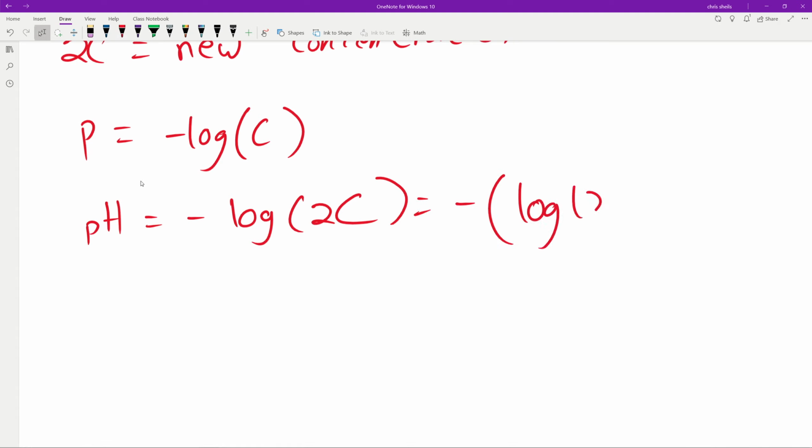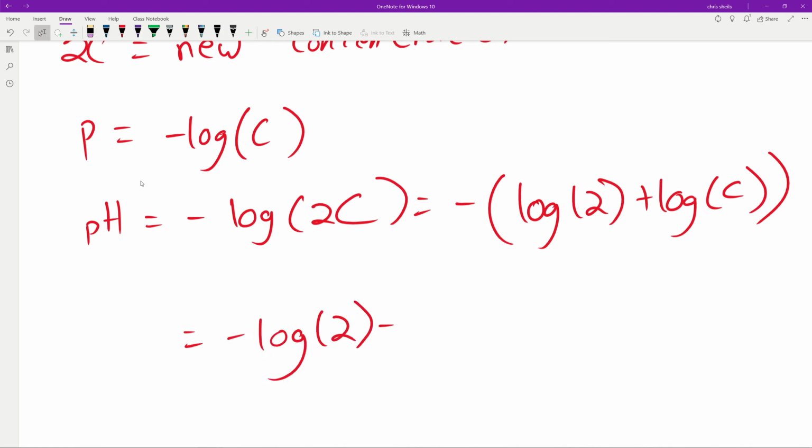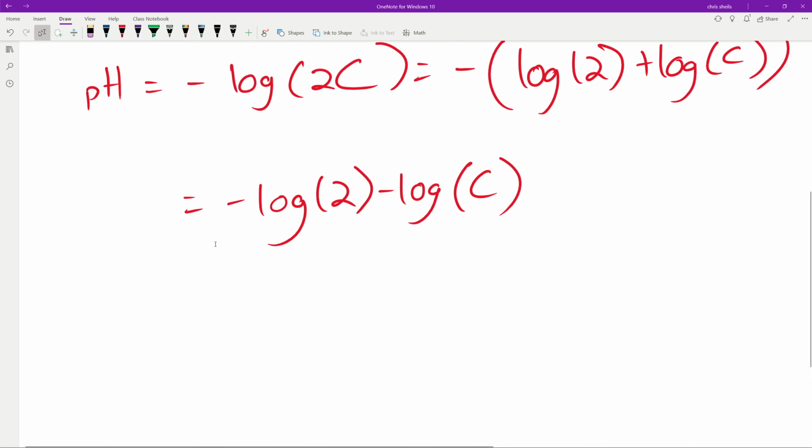I can break this up using my sum property. Log of 2 plus log of C. And this is negative log of 2 minus log of C. And log of 2 is about 0.301.